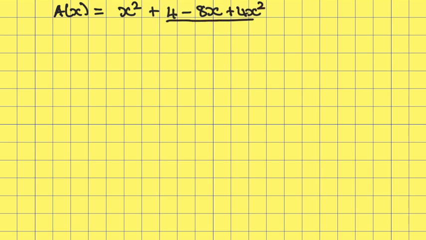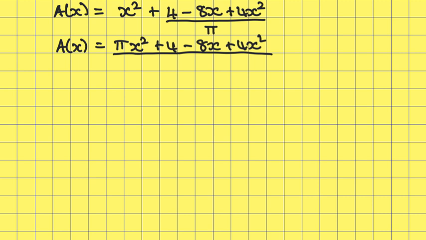I'm now going to multiply out the bracket, so I get A of x is equal to x squared plus 4 minus 8x plus 4x squared, that part all over pi. Multiply the first term by pi so I can get it over the same denominator. So I've got pi x squared plus 4 minus 8x plus 4x squared all over pi.